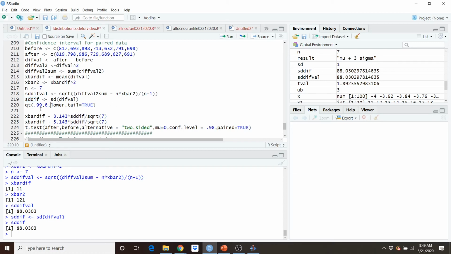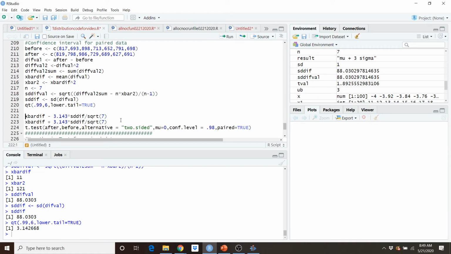And so now I simply need to find my critical T value. I want 98% confidence, and so that means that I need 1% above, 1% below, and so I'm using qt of 0.99 with 6 degrees of freedom, 3.1426. Now I'm rounding that to 3.143. And my lower confidence value, X bar diff minus my critical T times the standard deviation of differences over the square root of the sample size, negative 93.57.